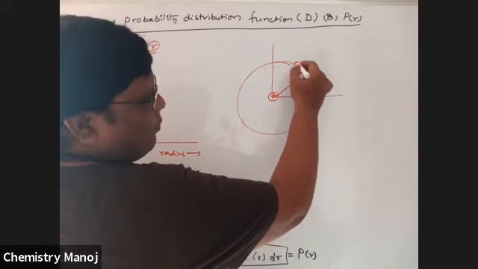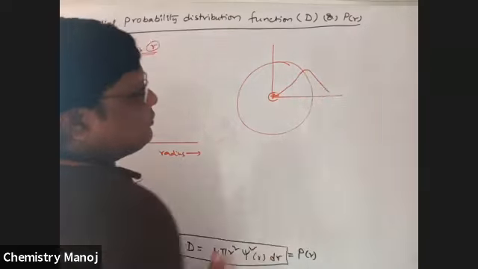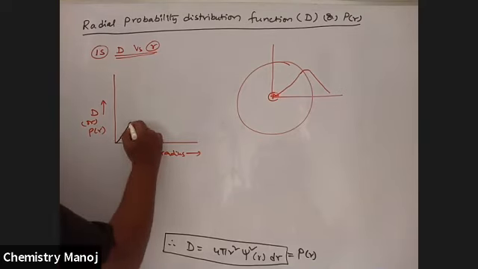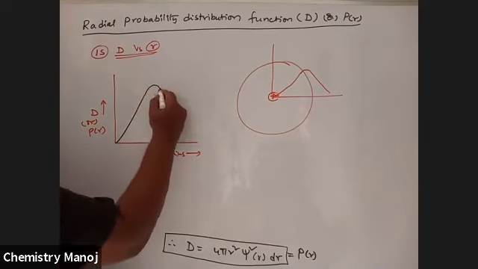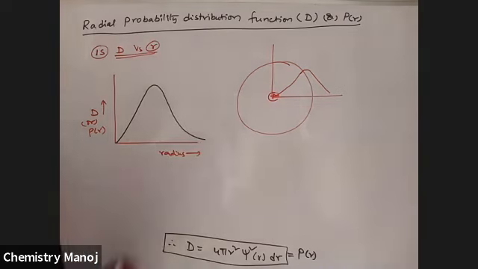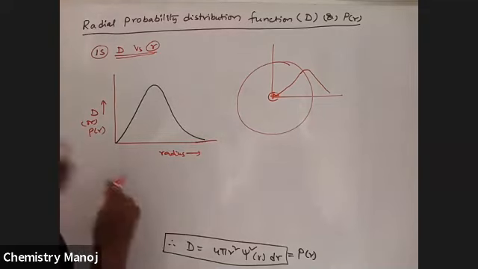In this orbit, the probability function is very high. After crossing that, the value decreases. That is why the curve is like this: it increases to the maximum value, and after that it decreases. Don't touch the x-axis, my dear boys. It is not touching anything.